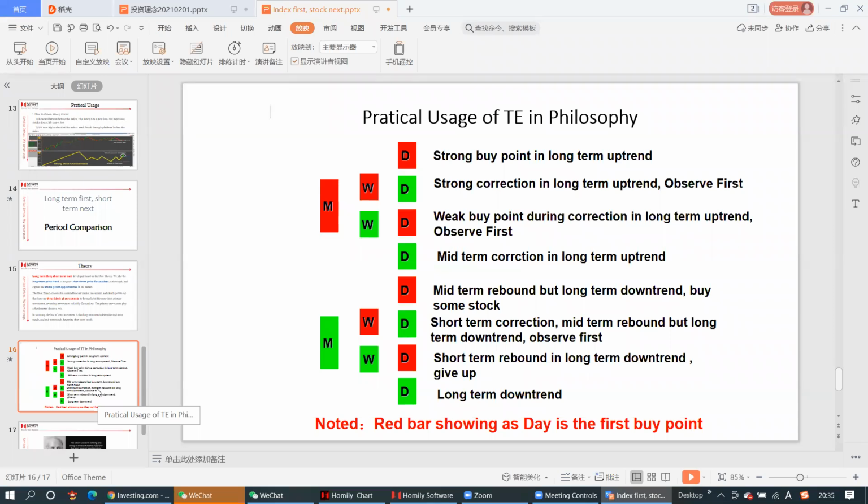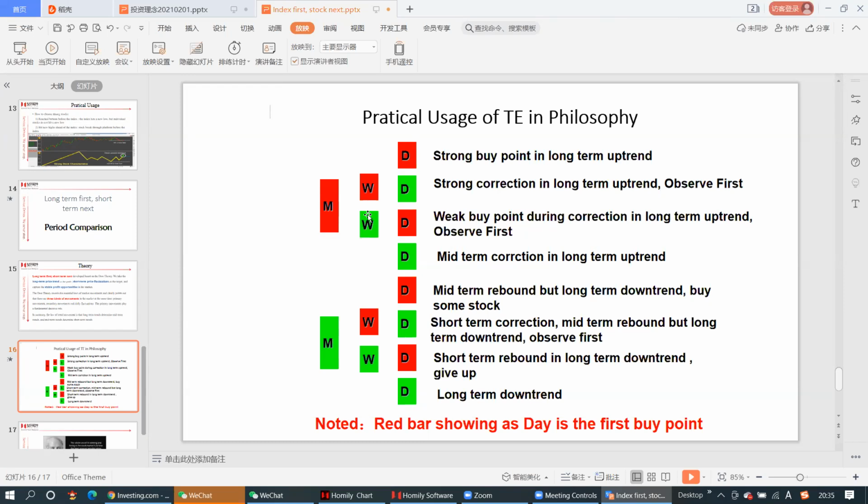If our month is red and the week is green, you can see there are two different possibilities. The week being green means it's showing a downtrend, and red is the uptrend. So it's a weak buy point during the correction in the long-term uptrend. We also need to wait for it. Don't directly go in, because the week here is considered our midterm, and it has become green.